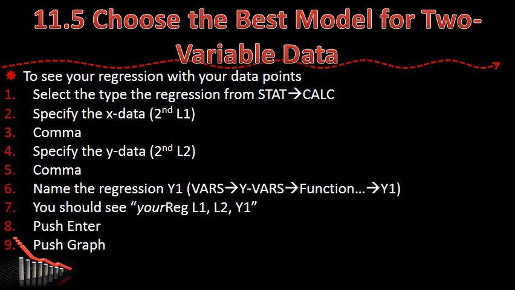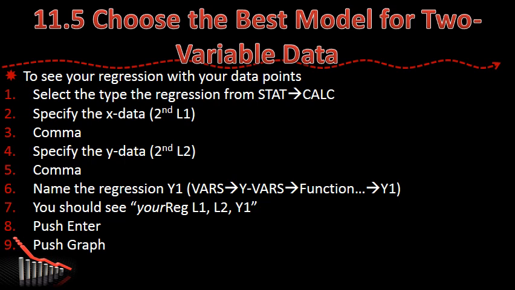Now, to get your regression, go Stat, over to Calc. So specify your X data, that should be list 1, commas. Specify the Y data, and if you want to name the regression or save it, you go Variables, Y variables, Function, Y1. If you have a newer TI graphing calculator, all this is in a nice little window.